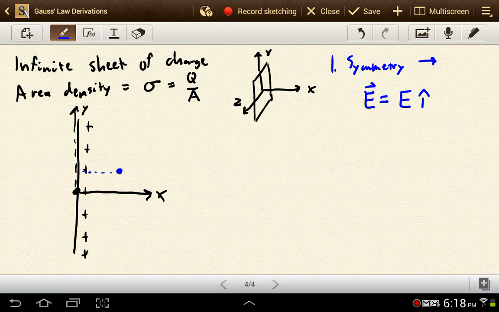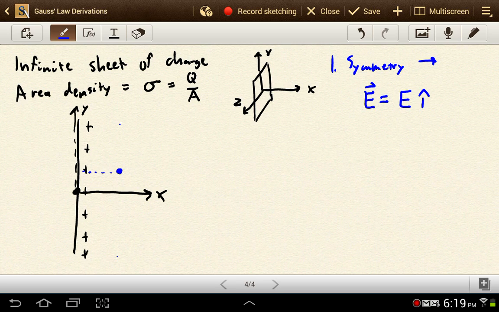There are no edges to refer to. You can't tell where you are on the sheet. If you're here, you could be down here, or down here. You could be at any point that's at the same distance from the sheet.